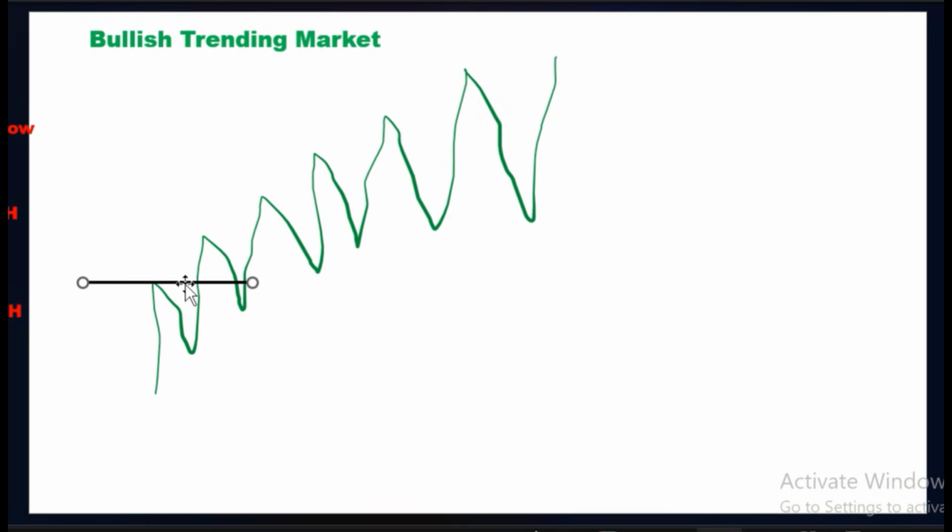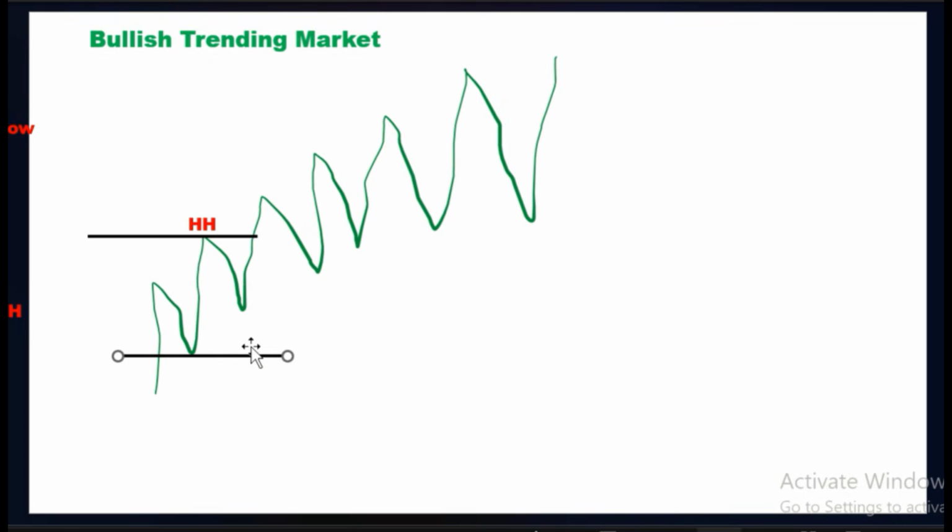This high. Then the next high broke above this high. So we call this a high, this is a higher high, this is a higher high, this is a higher low because this low fails to take out this low.